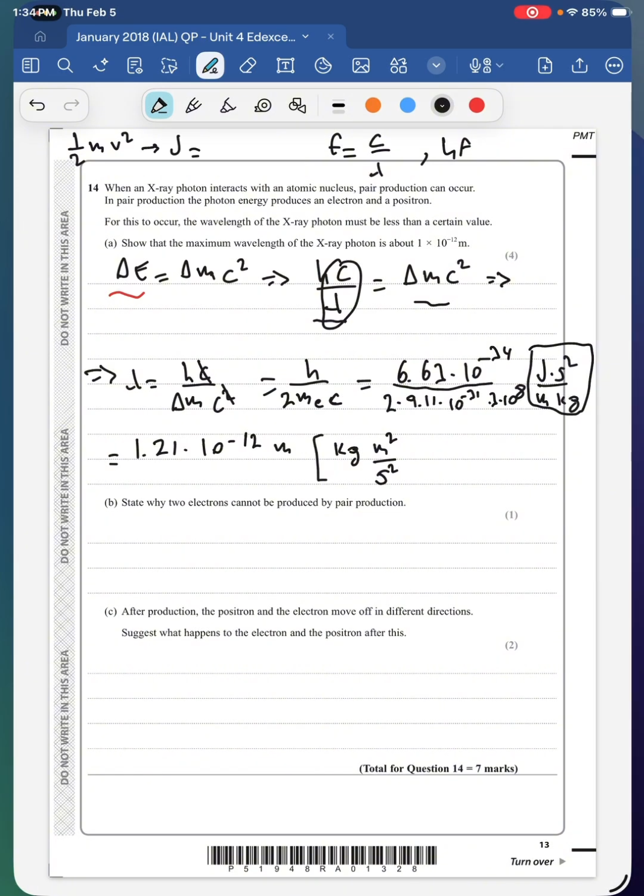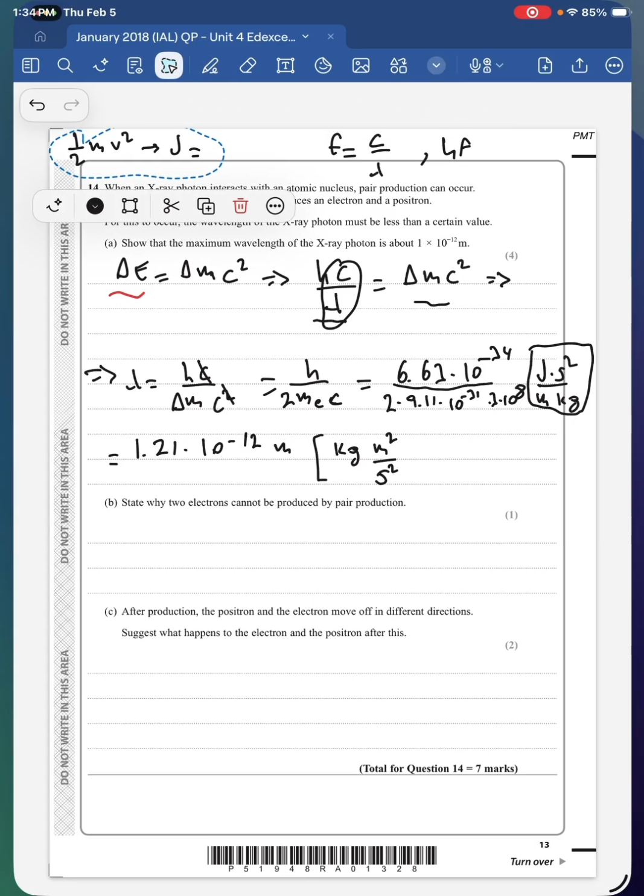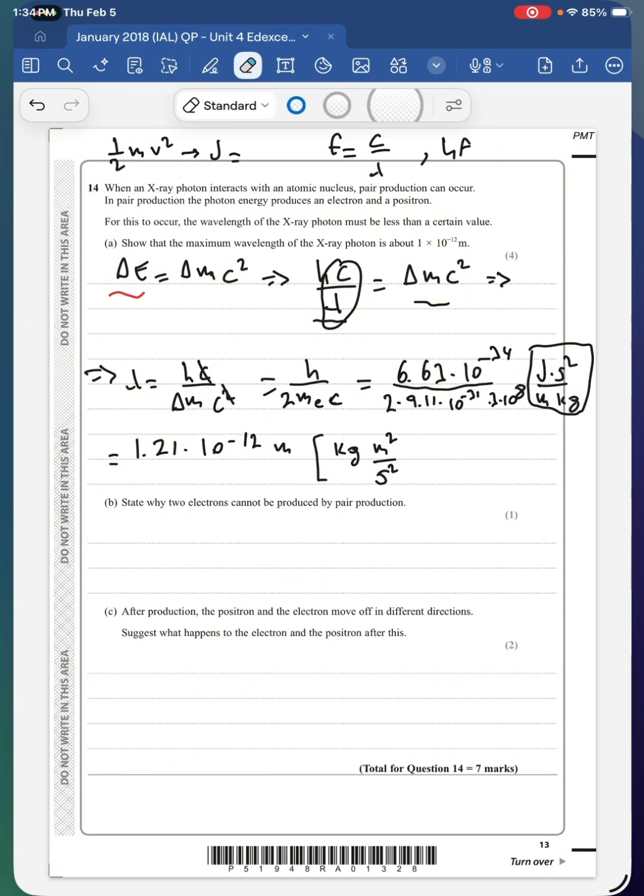So a joule, which is the unit for kinetic energy, is equal to kilograms meter squared over second squared.